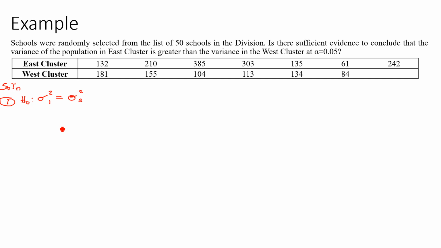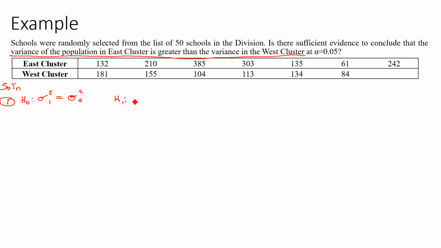Now, if we translate that statement into a mathematical statement, since there is no significant difference, then they are equal with each other. In other words, for our alternative hypothesis, if we go back to the claim in our example, there is the variance in the East cluster is greater than the variance of the West cluster.